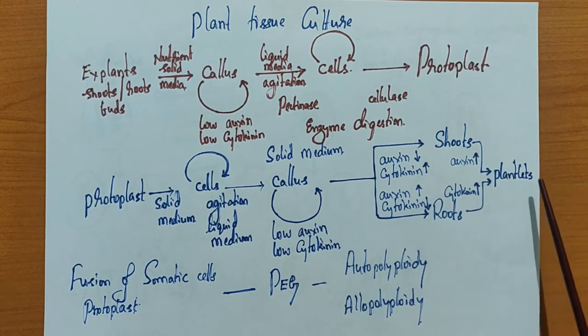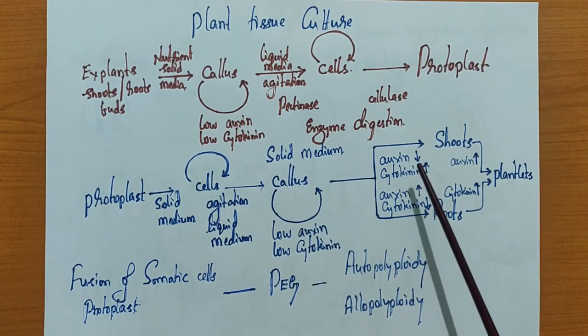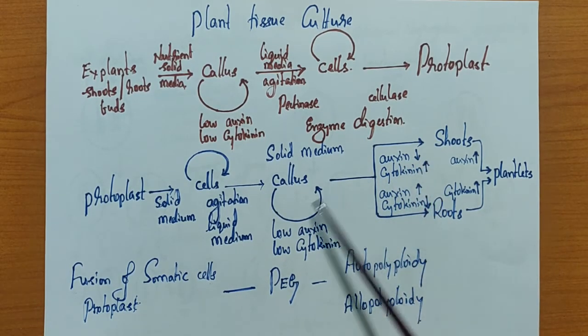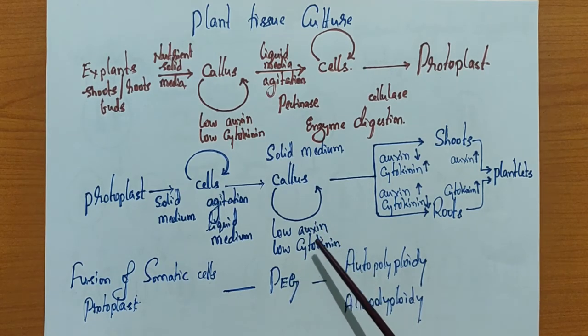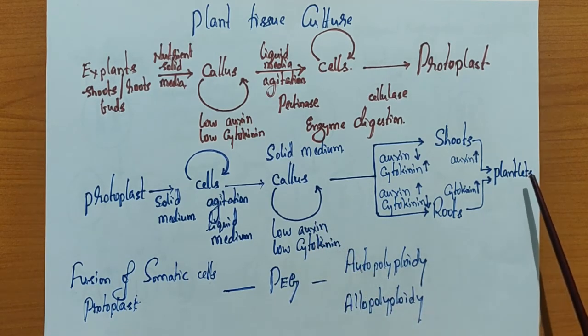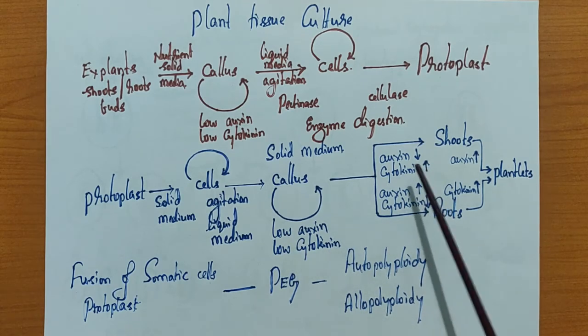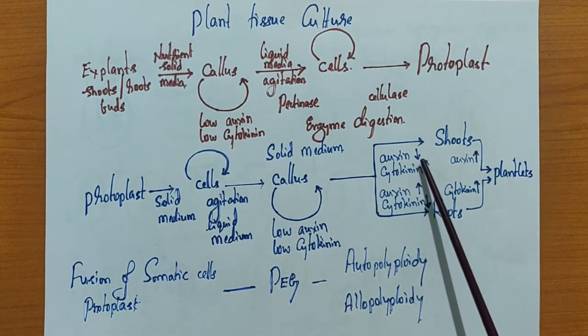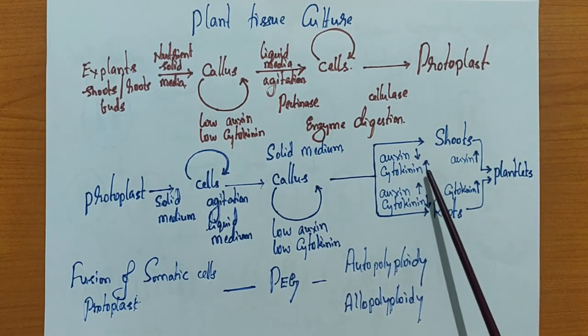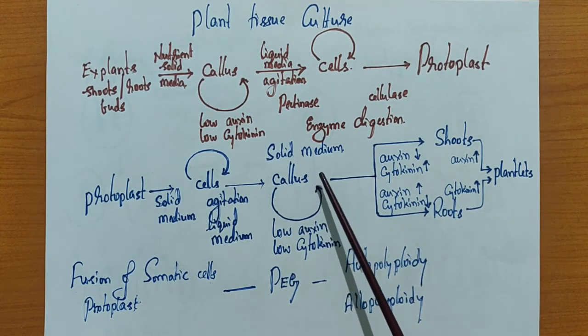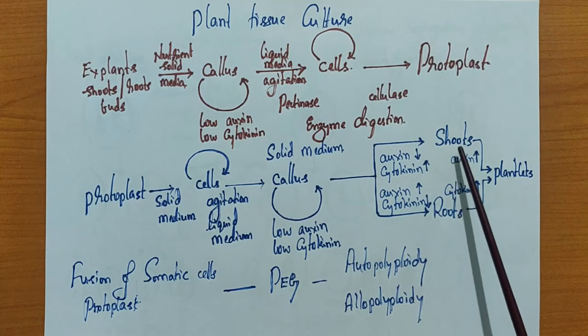If you want to get plantlets, you take a callus and, by altering the concentration of these plant hormones, you can get a plantlet. Under low auxin concentration and increased cytokinin, the plant cell in a callus is usually transformed into shoots.